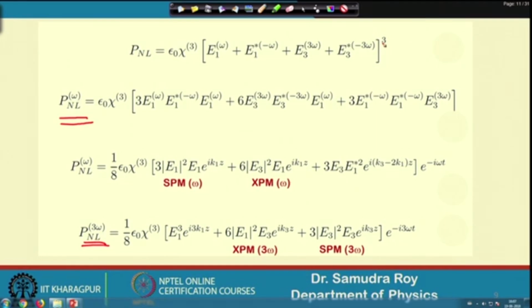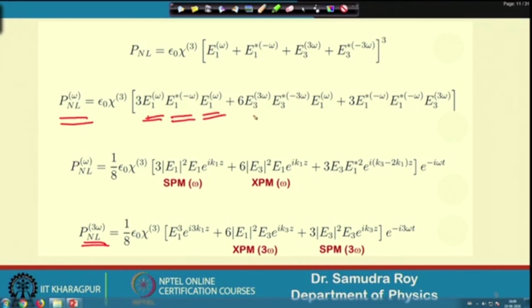The first way to get the omega component is E omega multiplied by E omega star, so omega plus minus omega gives 0, and then multiplied by E1 omega. So one term will be here, and so we have an omega component.